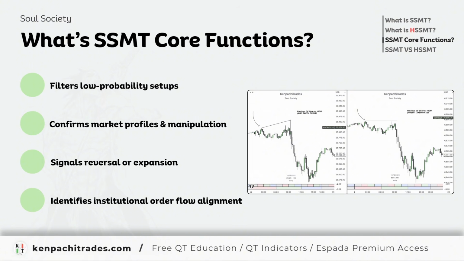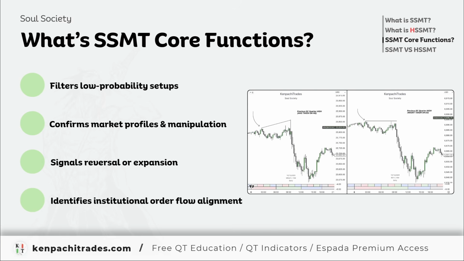So as long as we know that SSMT is a reversal signature, we want to execute the trade only if SSMT is present. So we are not looking anymore at random confluences such as order blocks, FVGs, and everything else from the ICT. We blend them with SSMT and then it will make sense.